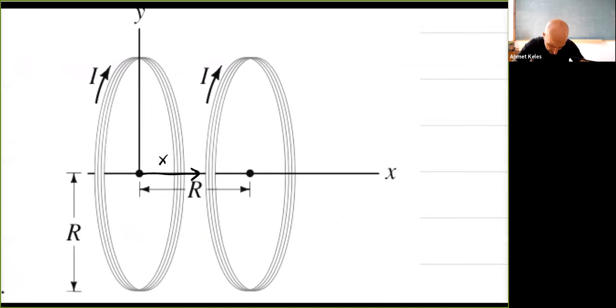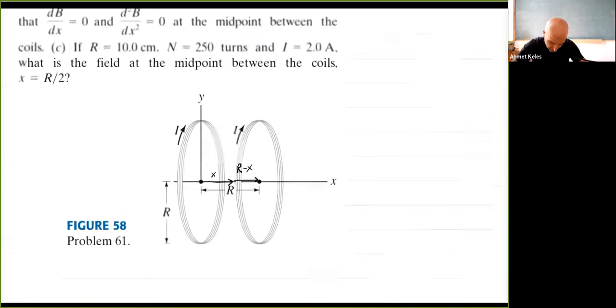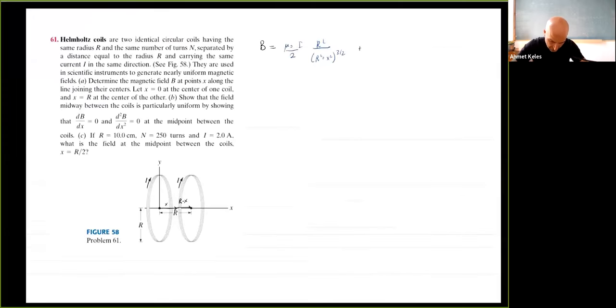If that's x, this one is r minus x. So I will replace every x with r minus x. Even r squared, I can take it out.